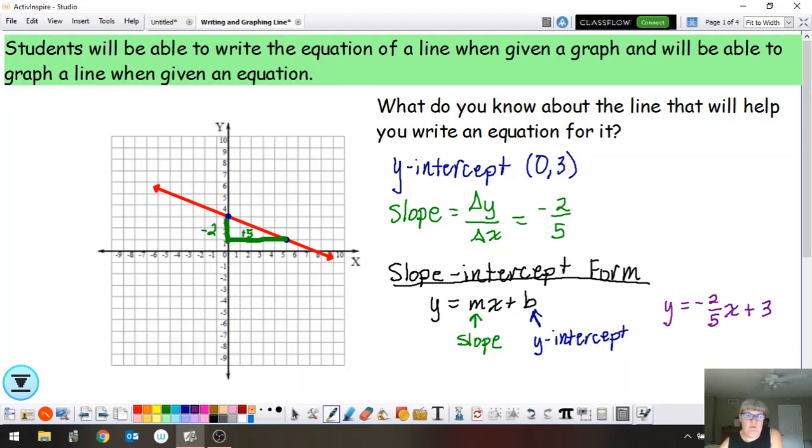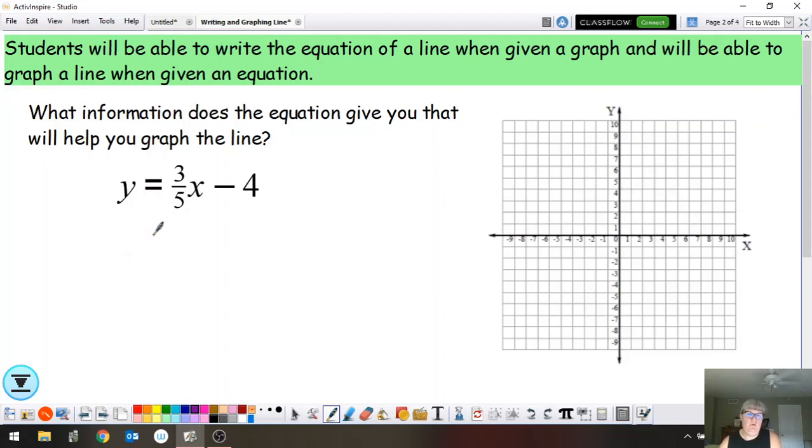And we have the equation of our line. We have the slope of -2/5 and the y value of the y-intercept is +3. So that's writing the equation of a line given the graph of a line. But how about, when given the equation of a line, graphing the line?